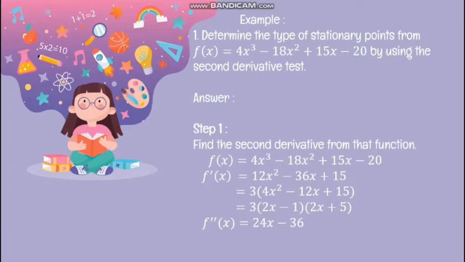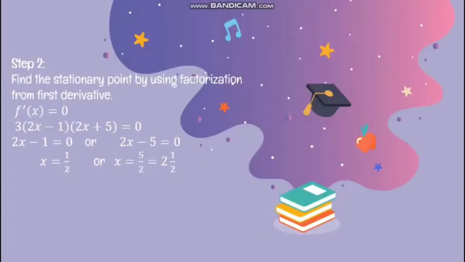We can simplify to be 3 multiplying 4x squared minus 12x plus 5, and factor equal to 3 multiplying 2x minus 1 and 2x minus 5. Second derivative f''(x) equal to 24x minus 36.